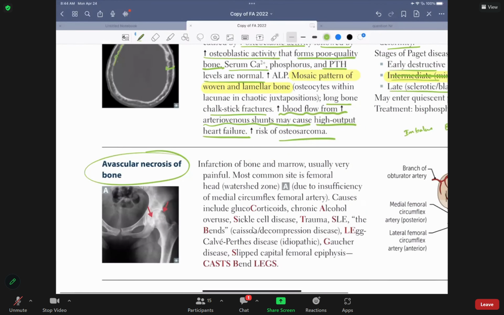Now, when we talk about avascular necrosis of the bone, there are only two bones in the body that are prone to avascular necrosis. What's the word avascular? No blood, because of that ischemia and necrosis. The two bones that you remember: one is the head of the femur. Number two, what's this bone?